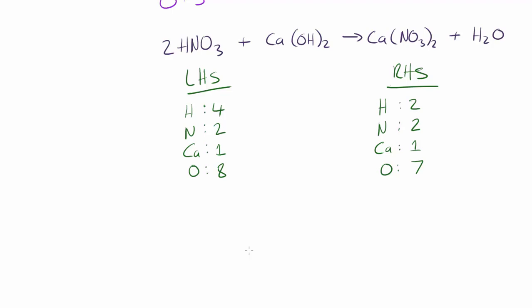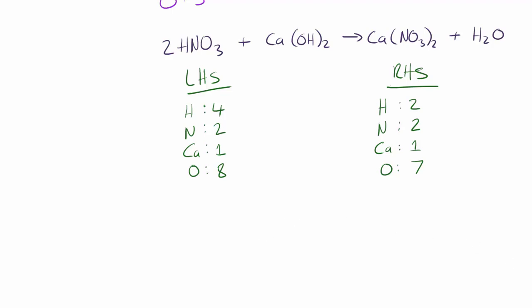So if you do look at the species on the right hand side, what you can see quite clearly is that H₂O contains the 2 species which we're trying to get balanced at the moment. So that would probably be where the opportunity is to try and get this balanced.